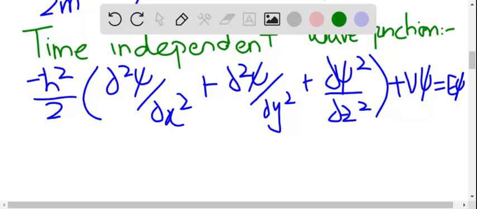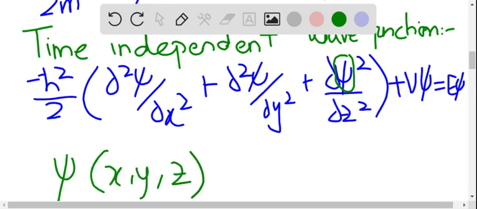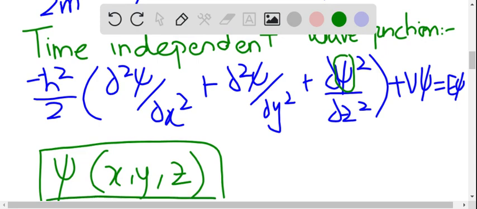So over here, as you can see, this wave function satisfies this equation. Fine.